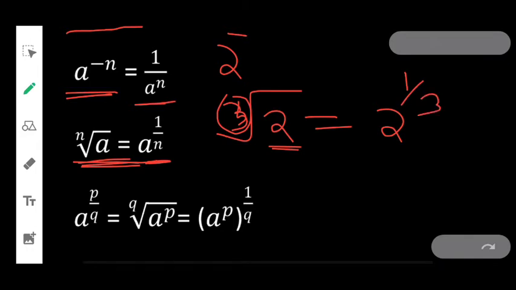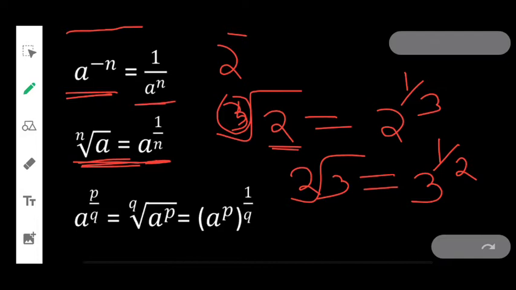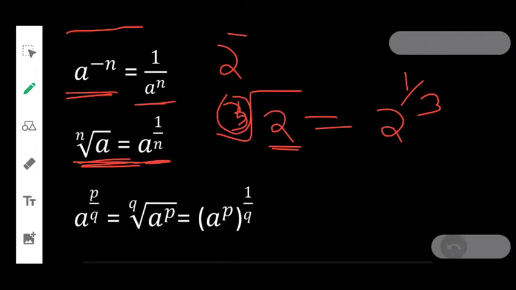So if I write square root of 3, it will be 3 to the power 1 by 2. Fourth root of 5 is 5 to the power 1 by 4. So nth root of a is what? a to the power 1 by n.